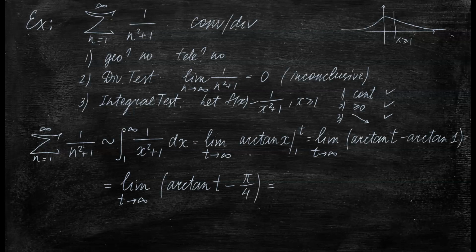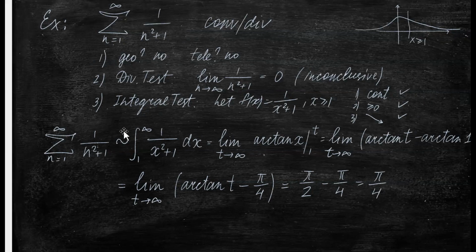And finding this limit, we know that arctan has a horizontal asymptote, y equals pi over 2. So that means the limit as t goes to infinity of the arctan function is pi over 2. Subtracting pi over 4 gives us pi over 4, which means the integral converges.